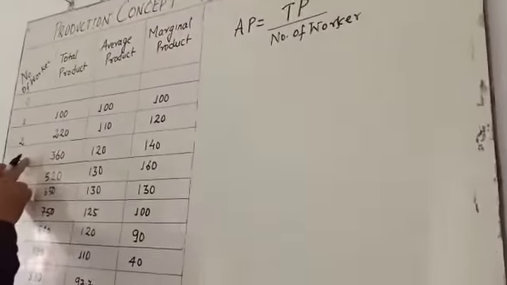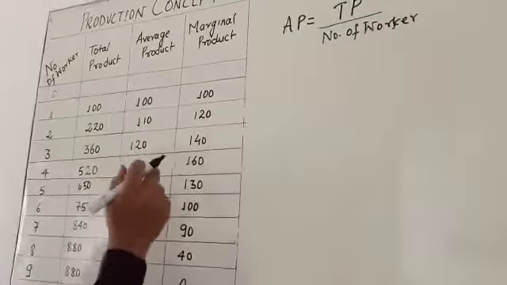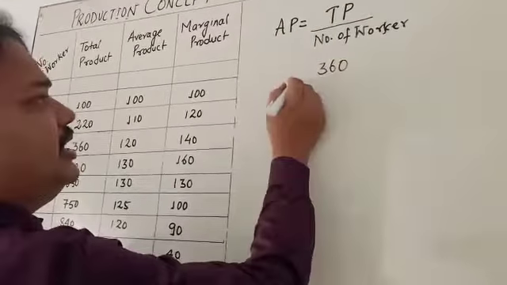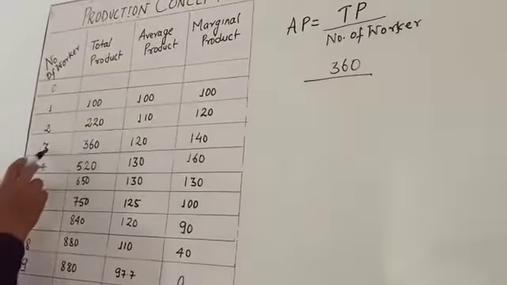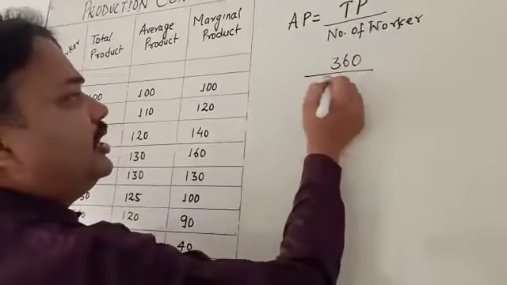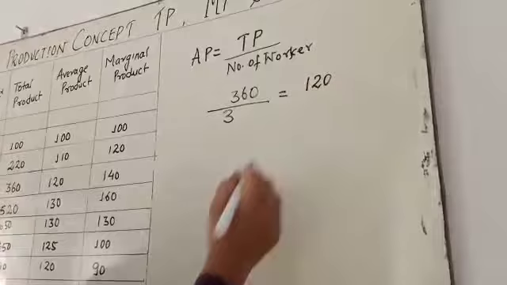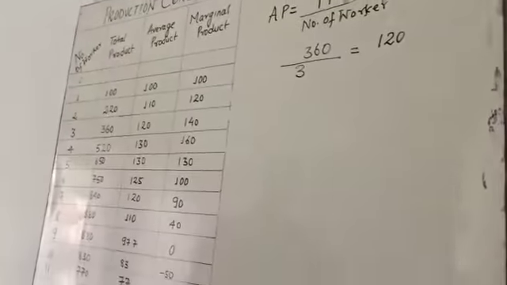Suppose in this situation I take 360. The TP is 360 and the number of workers used here is 3. So average product is equal to 120. That is 120 average product.